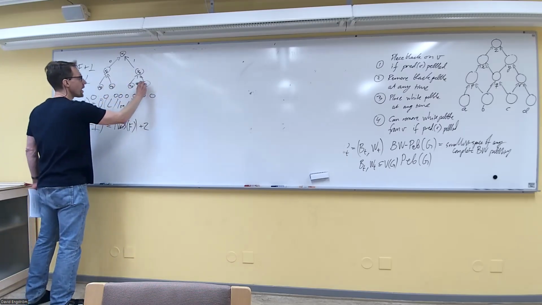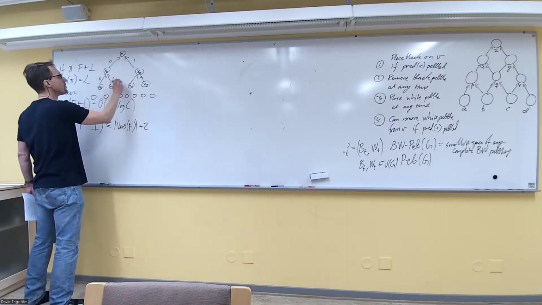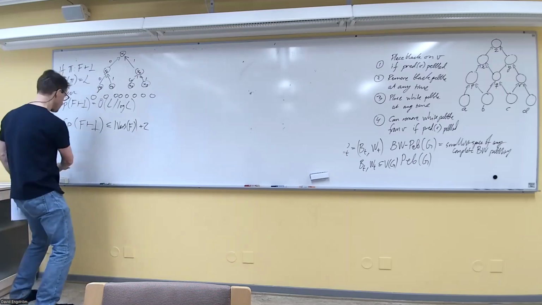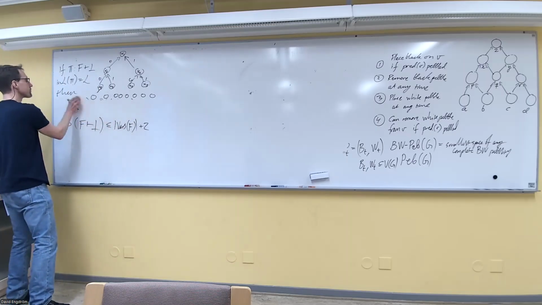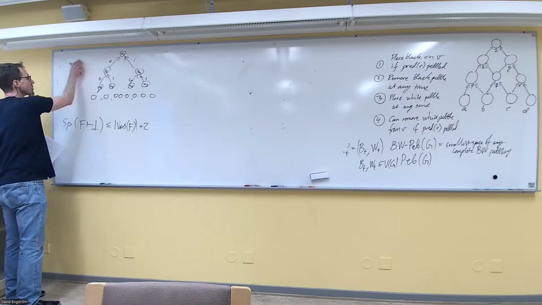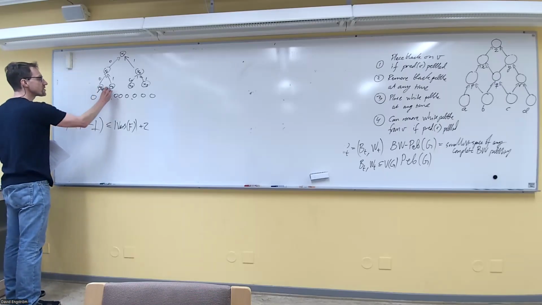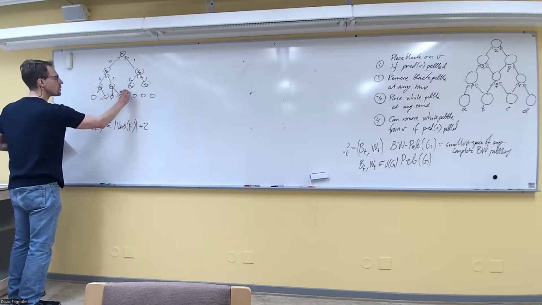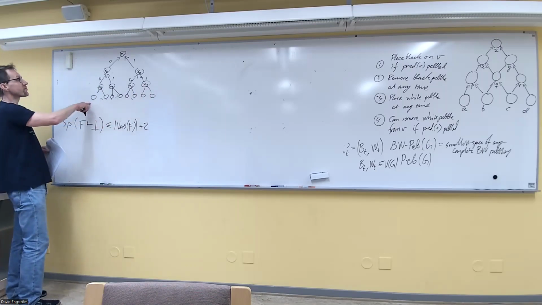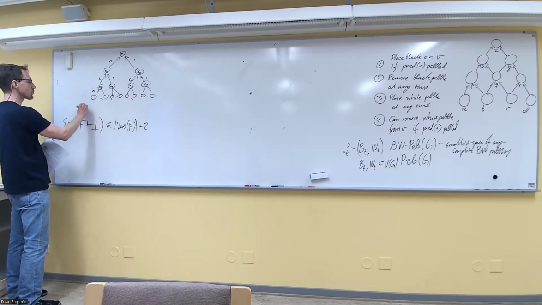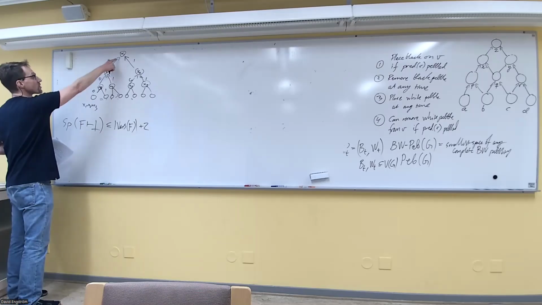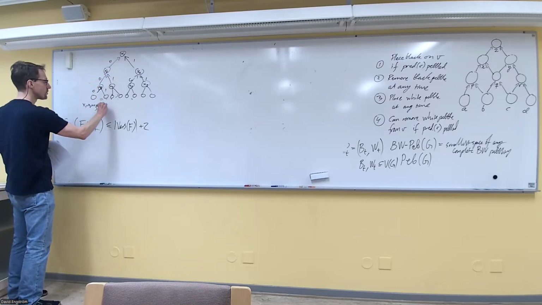And now I get 8 leaves, and I can label all of these leaves by falsified clauses. So this one is going to be x1 or x2 or x3. This one is going to be x1 or x2 or not x3, etc.